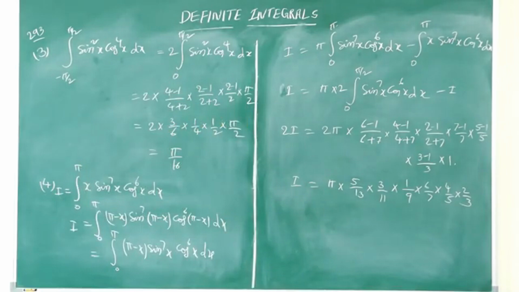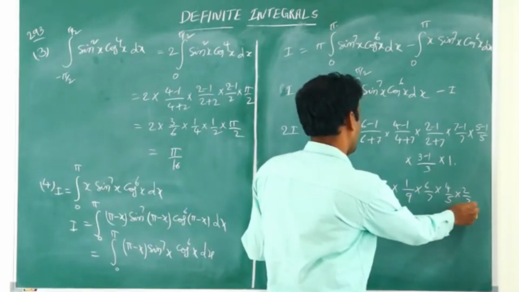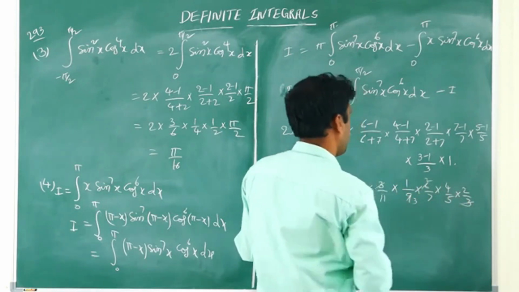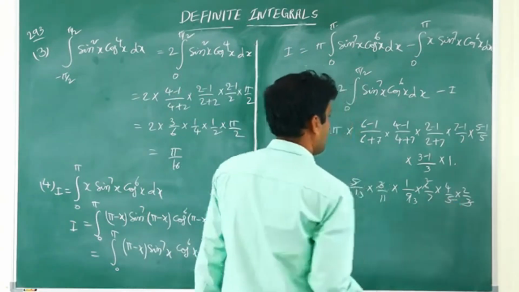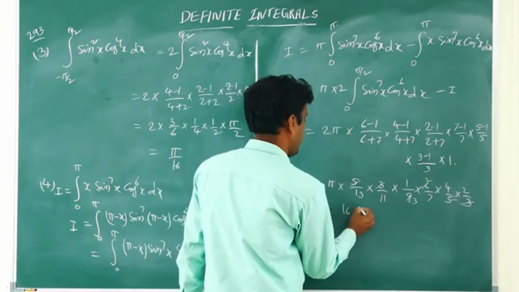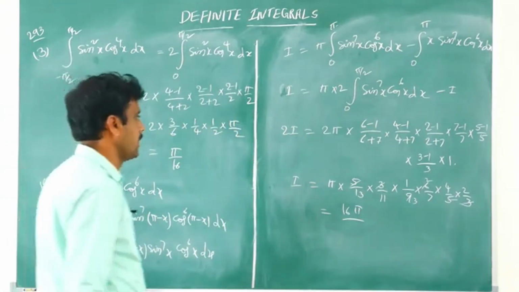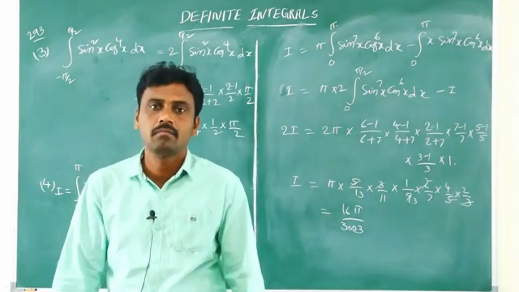That is integral 0 to pi sin power 7x cos power 6x. 3 cancel, 3 2s 6, 3 3 cancel, 5 5 cancel. 8 16 pi by 3003.